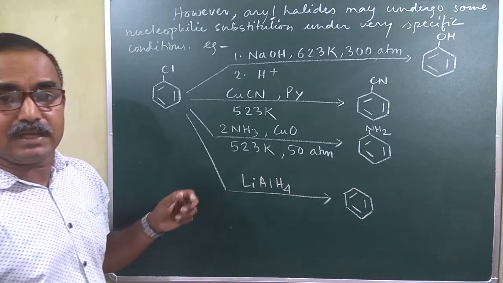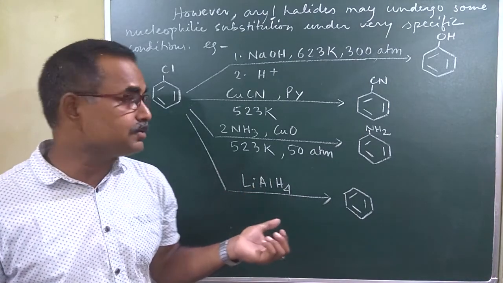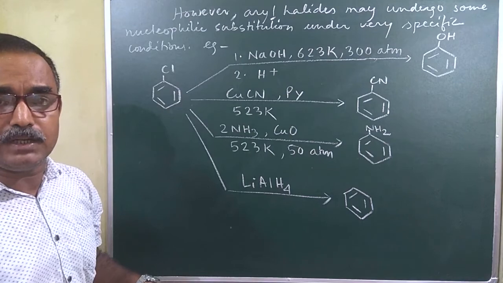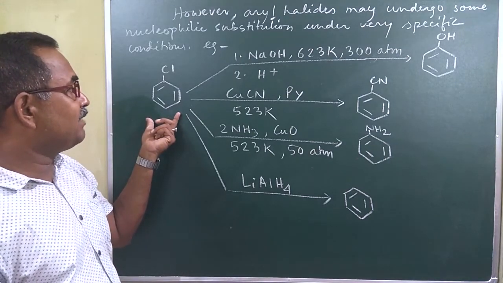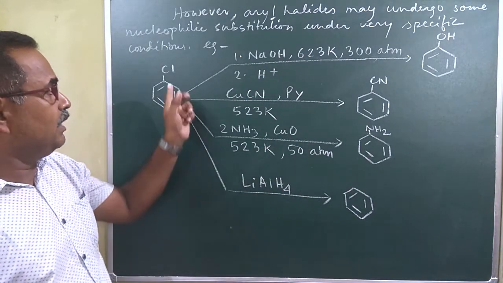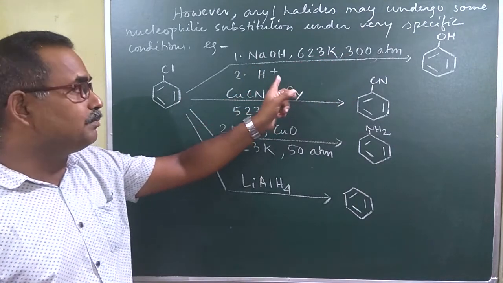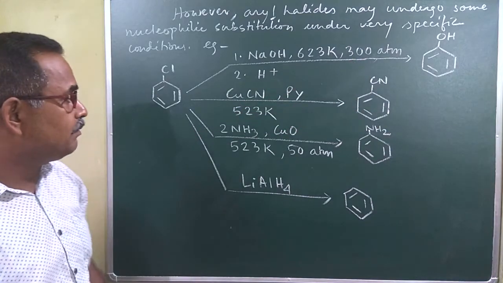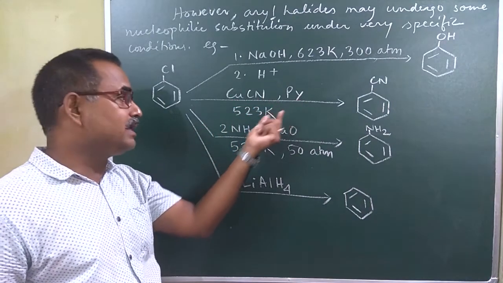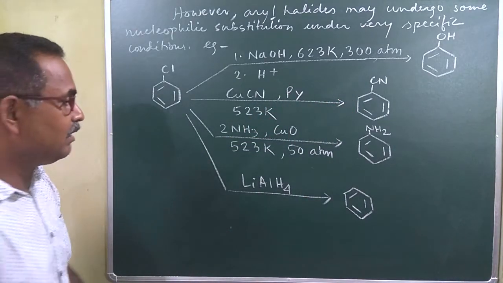So what is seen: aryl halides are less reactive towards nucleophilic substitution because of different types of factors, which we have already discussed. However, under very specific conditions, aryl halides may undergo some nucleophilic substitutions. Chlorobenzene reacts with sodium hydroxide at 623 Kelvin and 300 atm pressure, followed by acidification, to give phenol. Chlorobenzene treated with CuCN in presence of pyridine catalyst at 523 Kelvin gives cyanobenzene or benzonitrile.